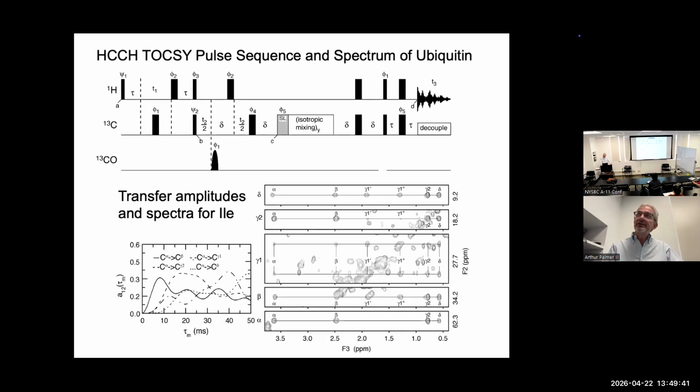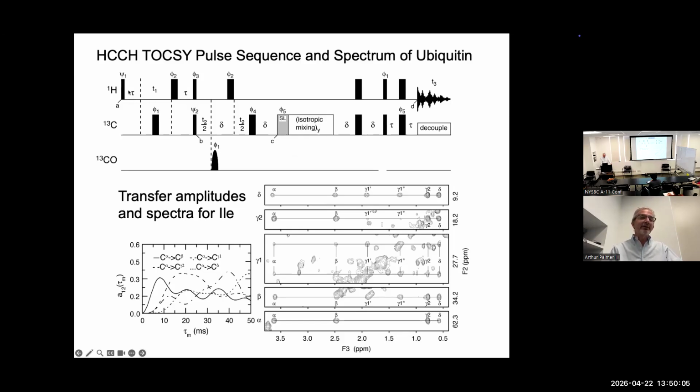Maybe it's easiest here to just end then with the TOCSY experiment for doing the side chain. So this can be done as a 3D or a 4D, depending on two different 3Ds or two different 4Ds, depending on where you put frequency labeling.